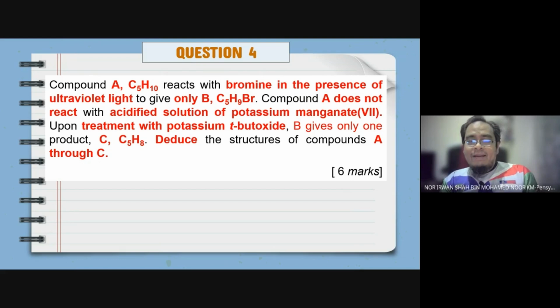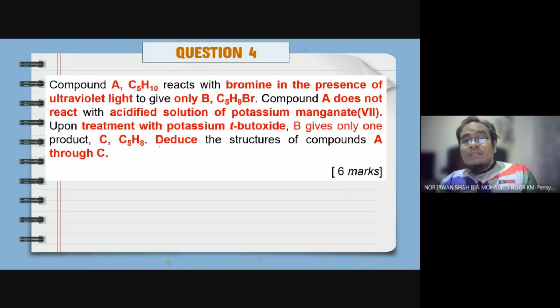Then baru kita cuba selesaikan the problem, ataupun dalam kes ni kita cuba selesaikan apakah compound A, compound B, compound C. Dan kalau you all tengok dalam soalan nombor 4 ni, dia bukan minta you draw the structure saja.